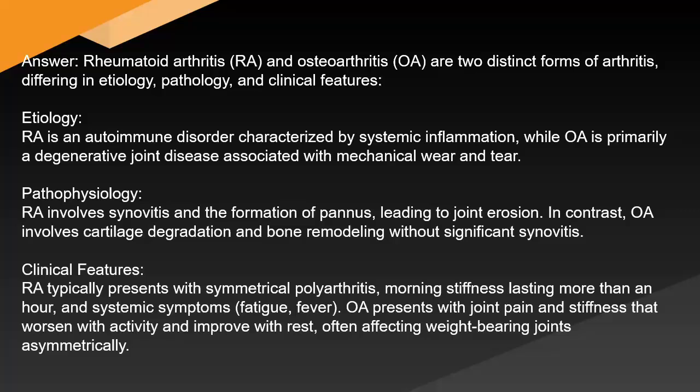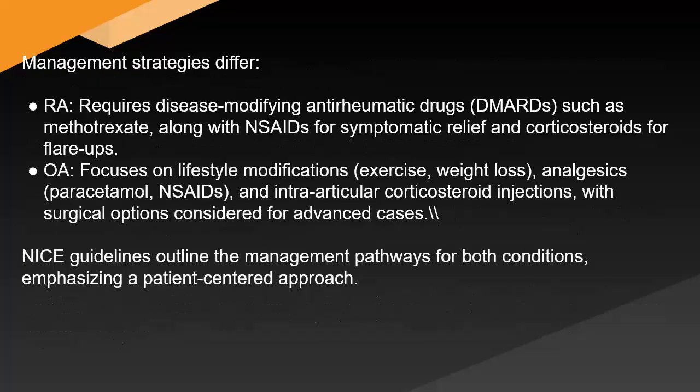Clinical features: RA typically presents with symmetrical polyarthritis, morning stiffness lasting more than an hour, and systemic symptoms such as fatigue and fever. OA presents with joint pain and stiffness that worsen with activity and improve with rest, often affecting weight-bearing joints asymmetrically. Management strategies differ. RA requires disease-modifying antirheumatic drugs, DMARDs, such as methotrexate, along with NSAIDs for symptomatic relief and corticosteroids for flare-ups.